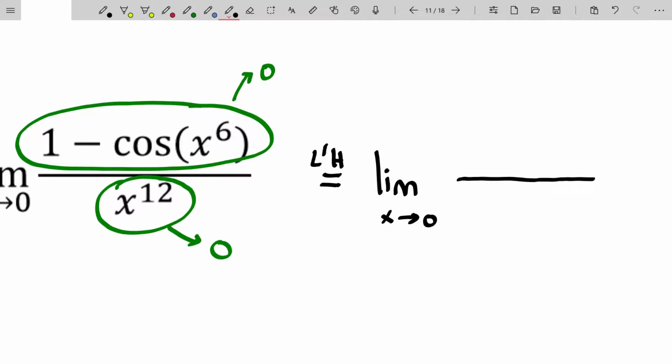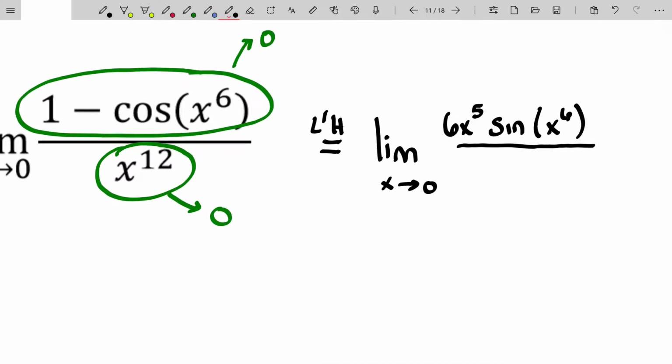Derivative of 1 obviously is 0, but the derivative of a negative cosine is a positive sine of its argument. And then you take the derivative of its argument, which would be 6x to the 5th. Downstairs, we'll take the derivative of x to the 12th, which would be 12x to the 11th.